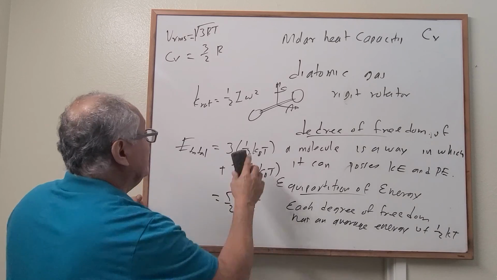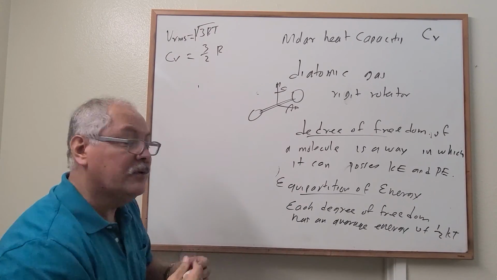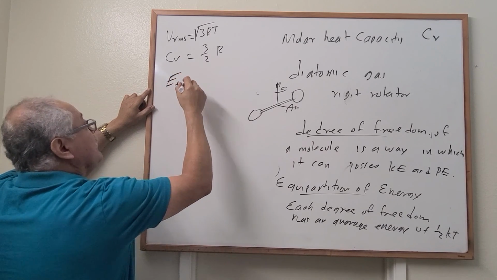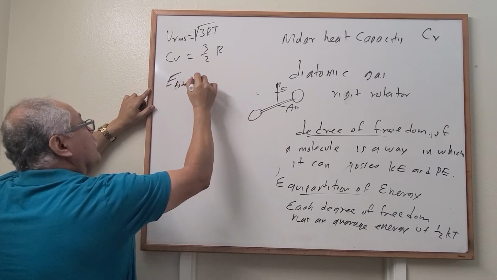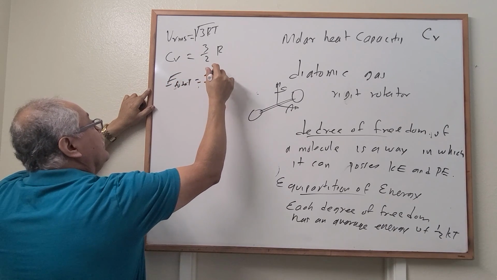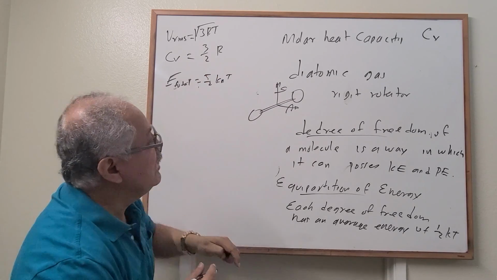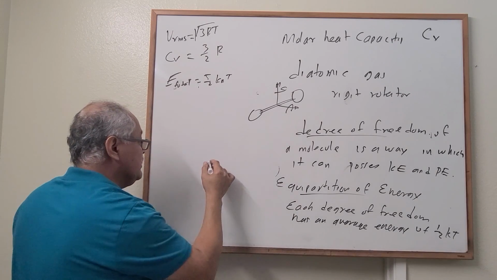Remember, the total energy we found was 5/2 kT for this case. Now what happens when the temperature increases? Now it's no more rigid, and it behaves as a spring.